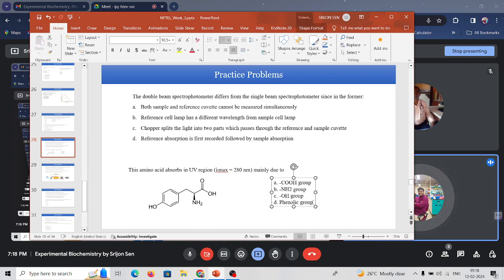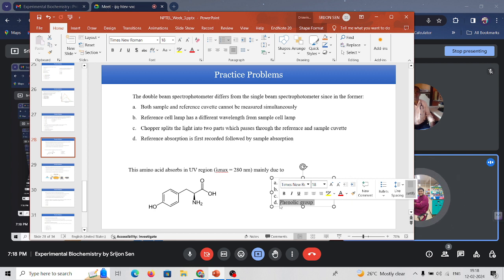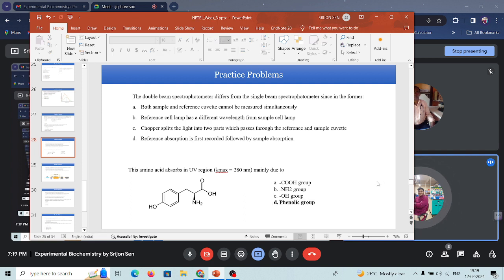We know that for tyrosine, tryptophan, and phenylalanine, not only the phenolic group, the benzene ring is very important. So for the tryptophan residue and the tyrosine residue, the phenolic group plays a role in the absorbance. The benzene or aromatic groups that are present play an important role.